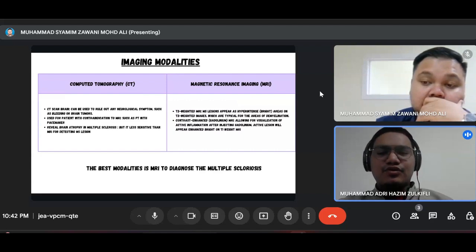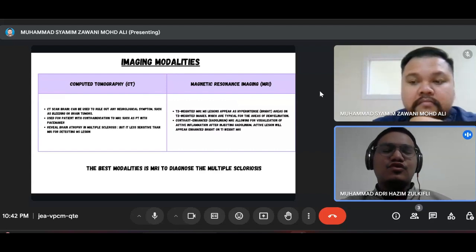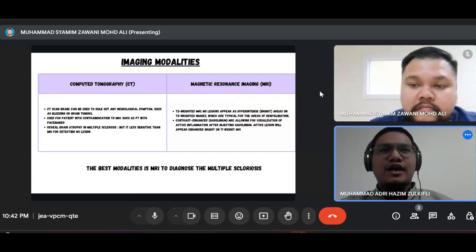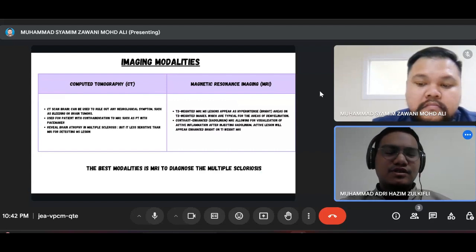It can be used, such as for a CT brain scan, to rule out other neurological causes such as bleeding and brain tumors, but by CT scan we cannot see that the person has multiple sclerosis.